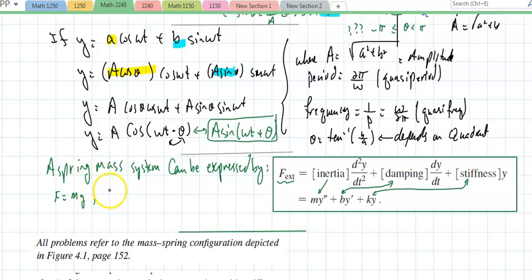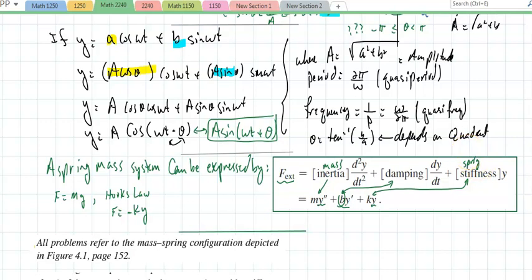For the spring constant, we use Hooke's law, and normally it's F equals kx, but in this case they're using y for displacement, right? So this is mass, this is damping, and this is the spring stiffness.